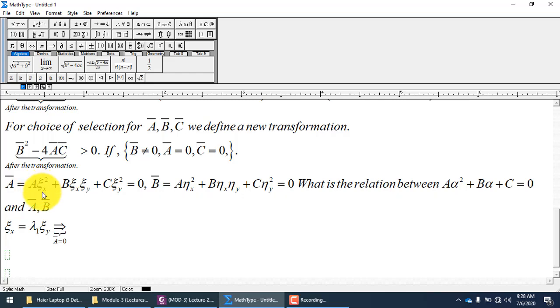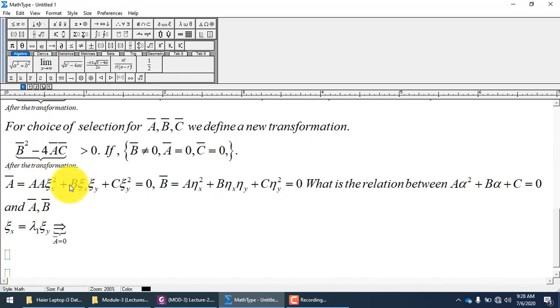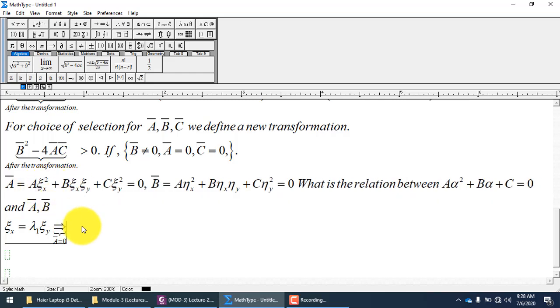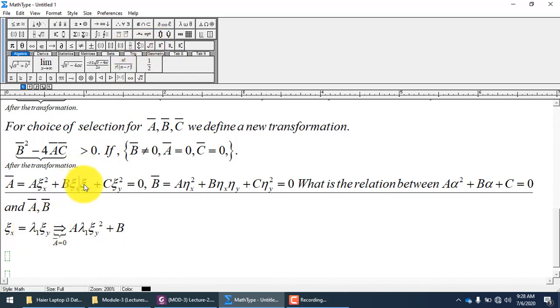The a will be there. What will be the value of xi x? Xi x will be lambda 1 xi y. So that will become lambda 1 xi y square. The second term will become b, xi x is lambda 1 xi y, and there is also xi y.